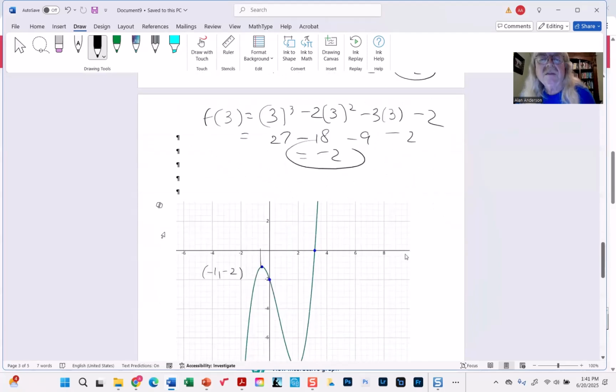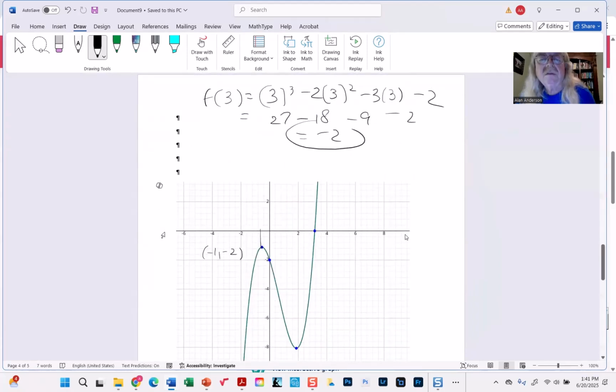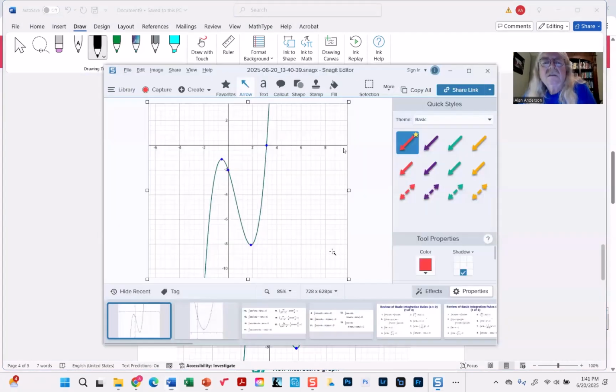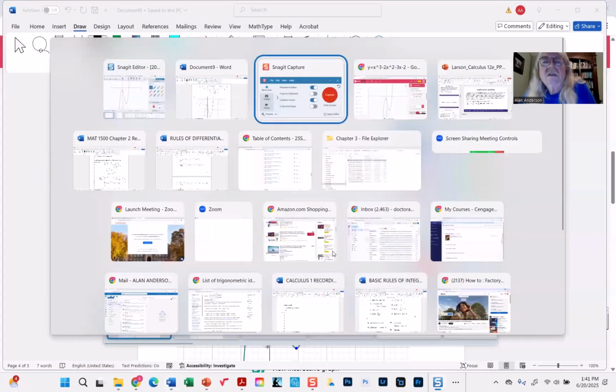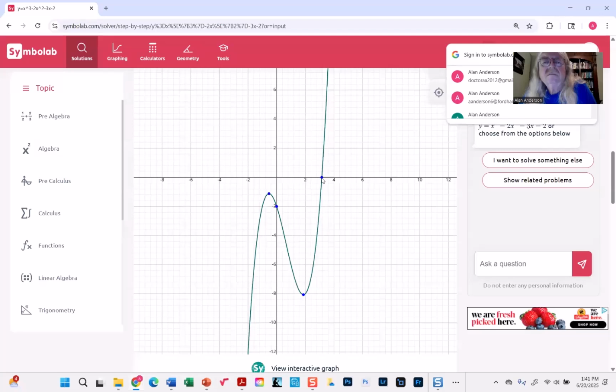It's supposed to be -2. Well, it's hard to be sure with this graph, but sometimes when you hover over it, it shows you the points.